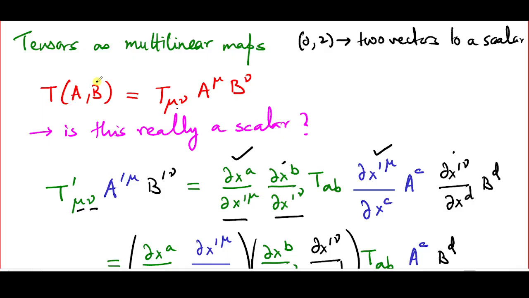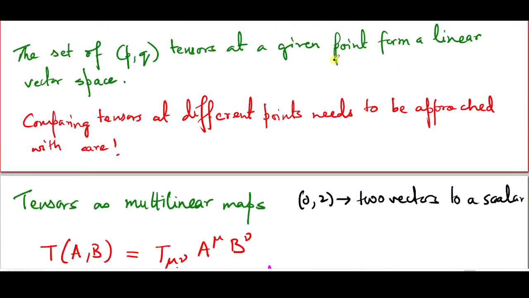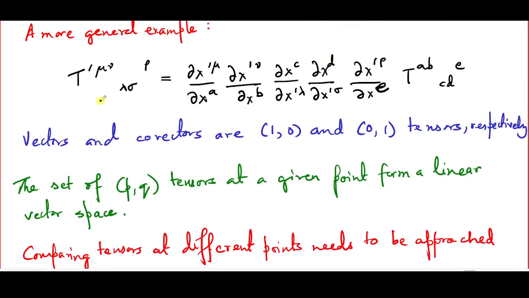You can easily check, for example, this tensorial object T'^{μν}{}_{λσ}{}^{ρ} would actually stand for a tensor which takes in 5 arguments, the first 2 of which are covectors, the second 2 are vectors, and the third one is a covector again, and maps them all multilinearly into a scalar.